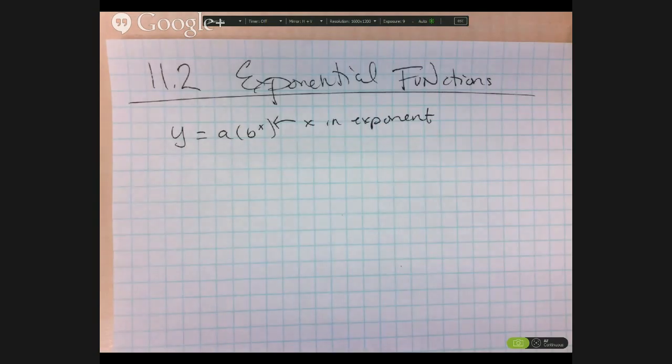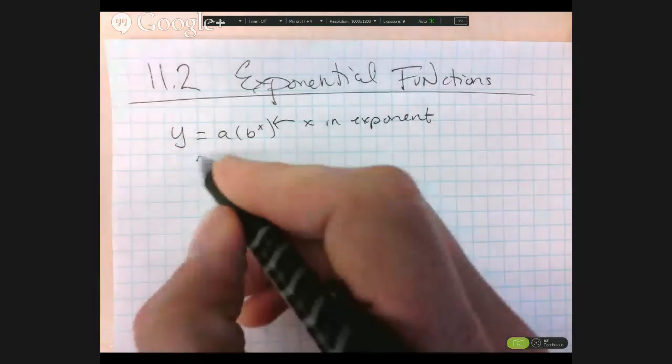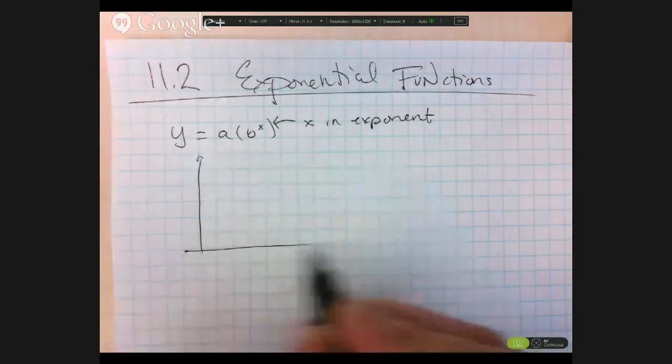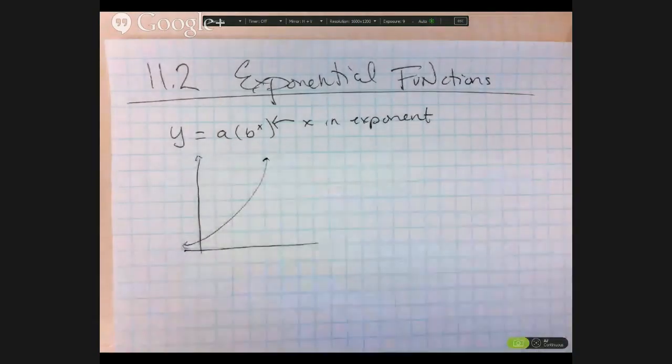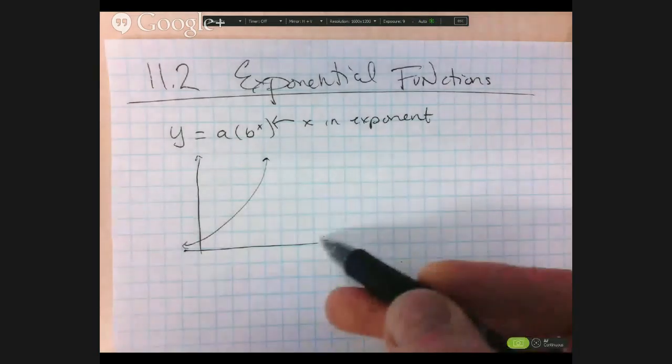Can anybody think of any examples in real life that follow exponential? Do you guys know what it looks like? Okay, I guess we should probably start there. The graph of an exponential looks like this. Any ideas of items that will model?